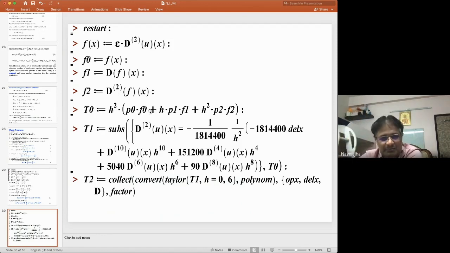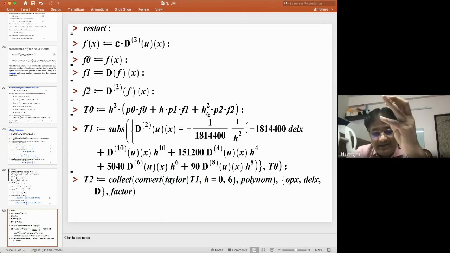Now take a linear combination: h square p naught into f0 plus h into p1 f1 plus h square into p2 f2. In this linear combination, we are having two operators.